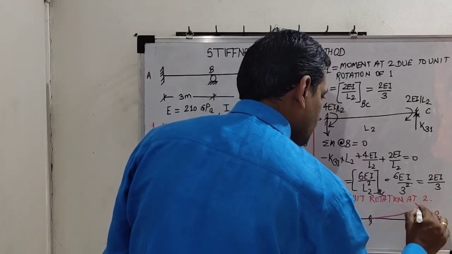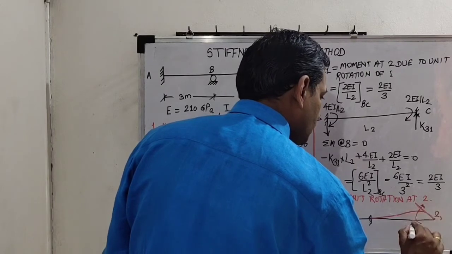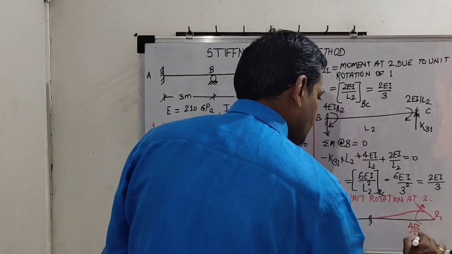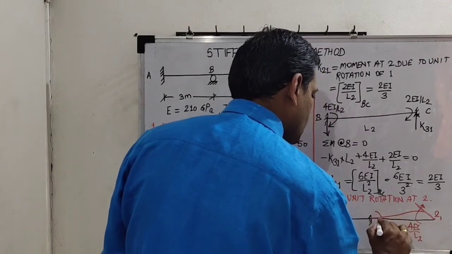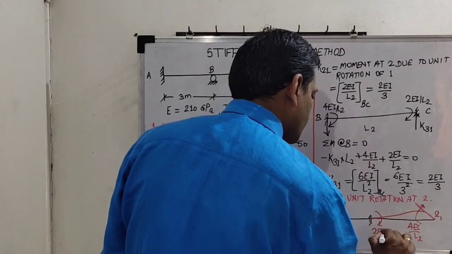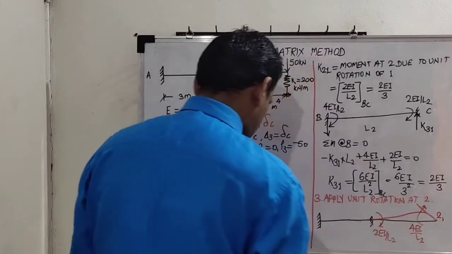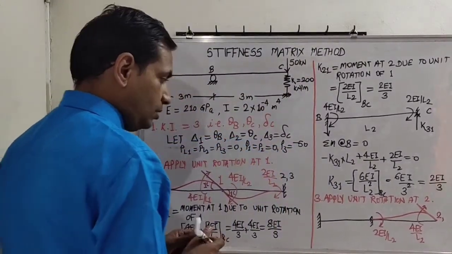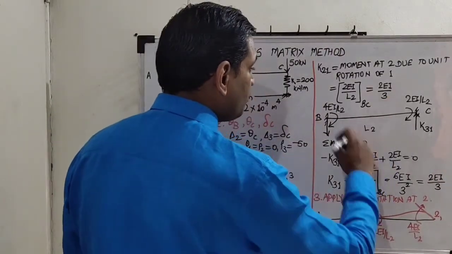Value will be 4EI upon L2. Here value will be 2EI by L2. Okay. And third value we will again find using this procedure.